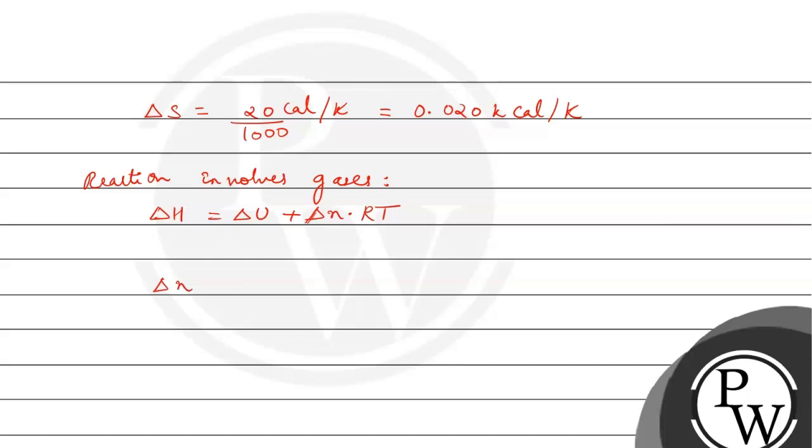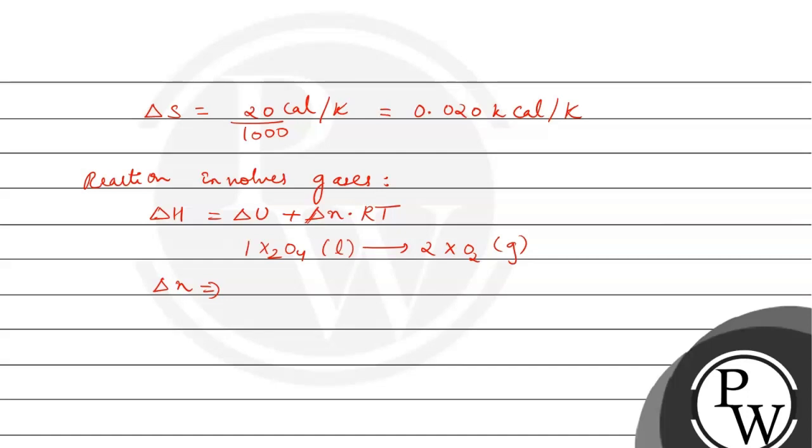Delta N is the change in number of moles. So, for this we need to write the reaction first. The reaction given is X2O4 liquid gives 2XO2 in gaseous form. Here in product side there are 2 moles, in reactant side there is only 1 mole, but delta N is for gases.